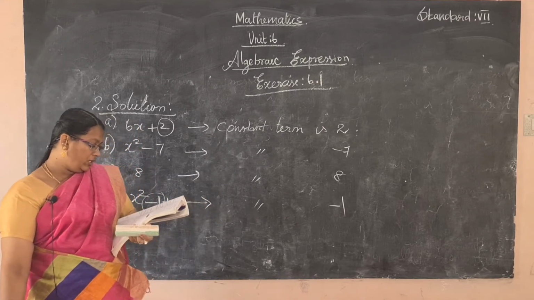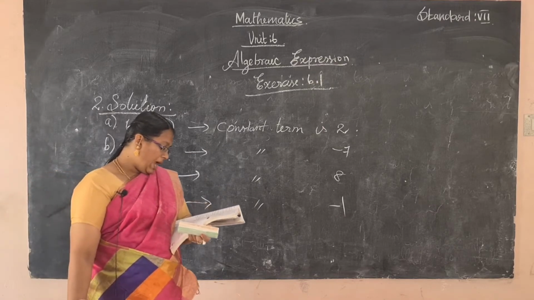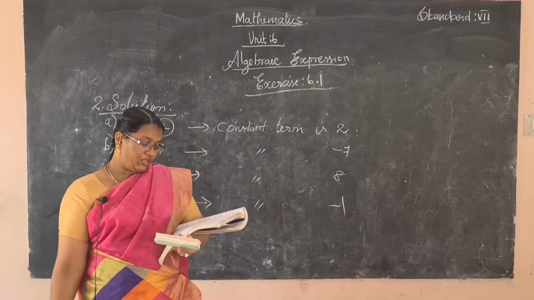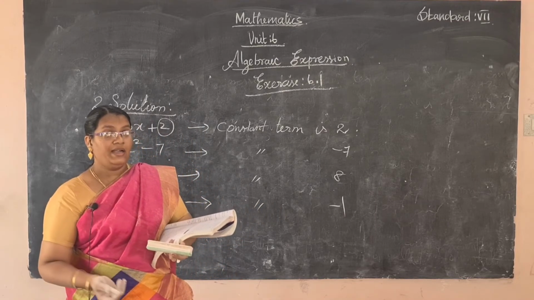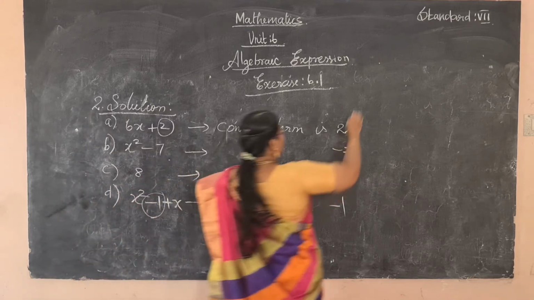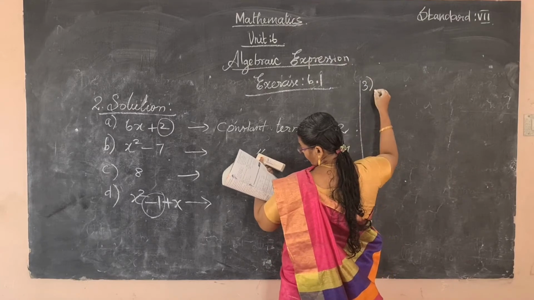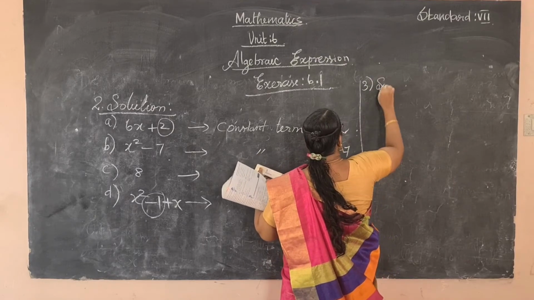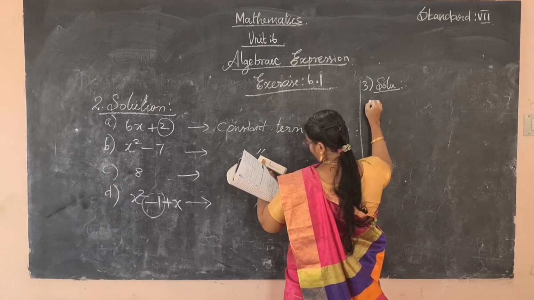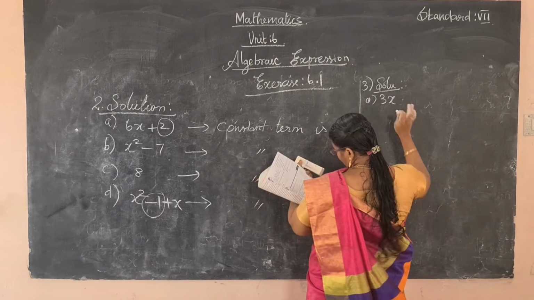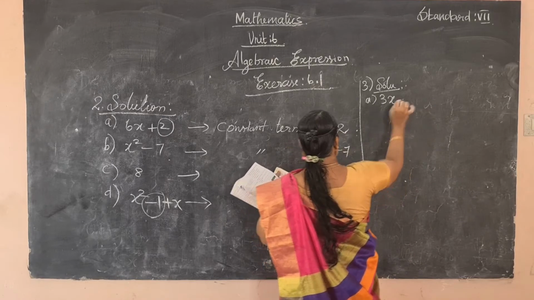Third one, write all the terms of each of the following algebraic expressions. Here the algebraic expression is given, you have to write the separate terms. See the first one, A, 3x. So 3x is one term, that is the answer.